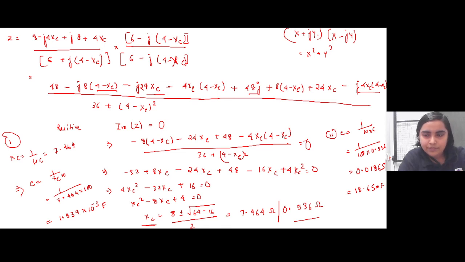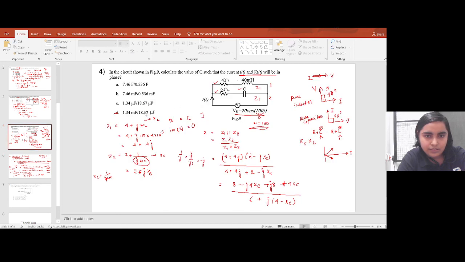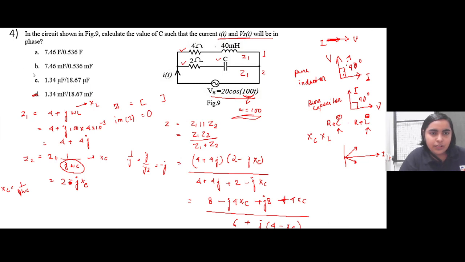So, the correct option is 1.34 millifarad or 18.67 millifarad. The correct option is D.